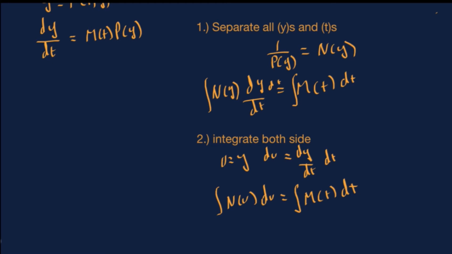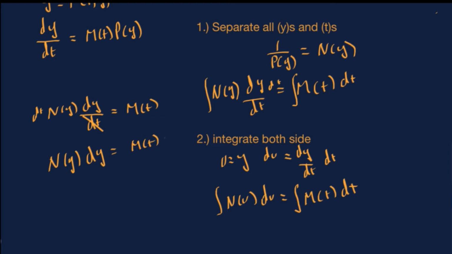When we had our equation in the form n of y times the derivative of y is equal to m of t, if we pretended like we can separate the derivative in such a way that if we multiply both sides by dt and this dt cancels out, then we would get n of y dy is equal to m of t dt.